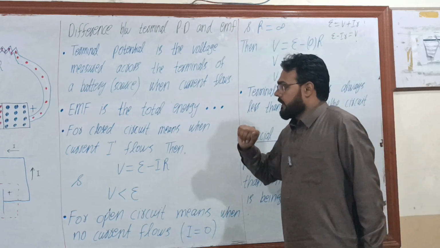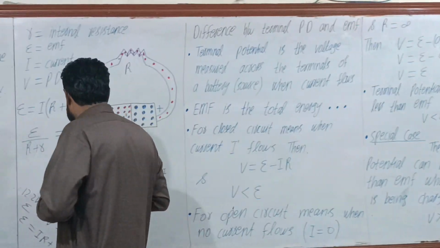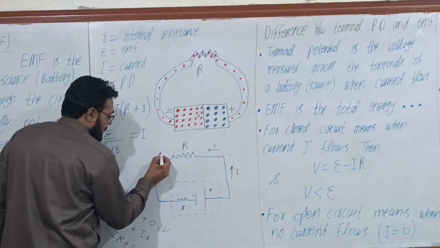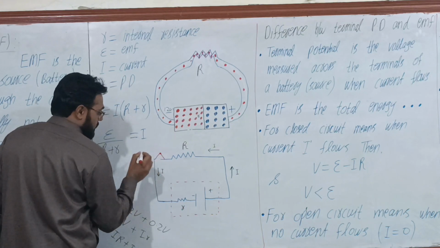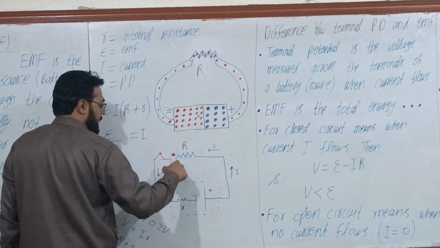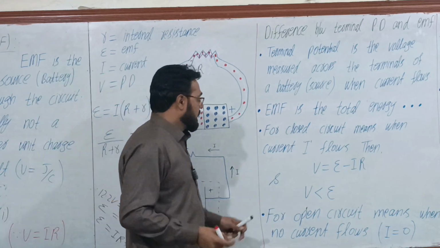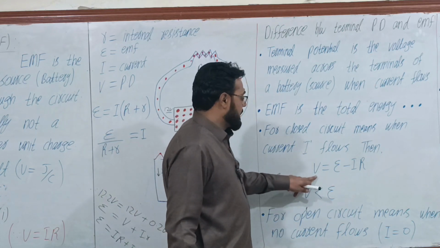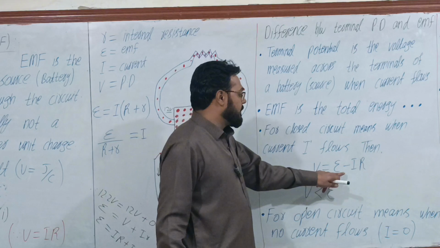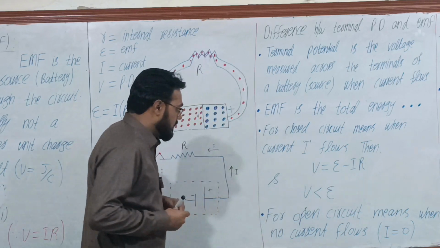Now for closed circuit. Closed circuit means the switch is on. Now the circuit is closed. A current can flow through the circuit. When current flows through the circuit, the terminal voltage is equal to EMF minus Ir.